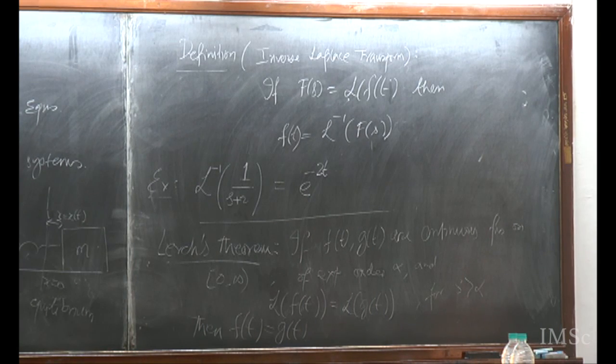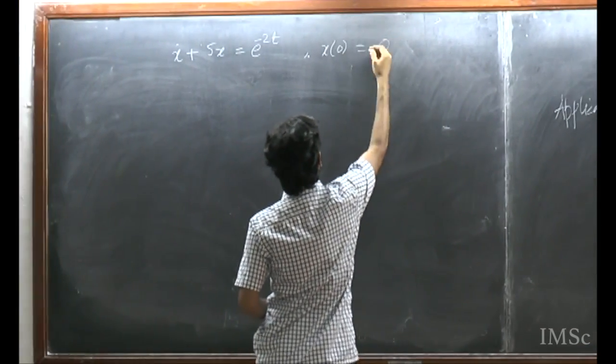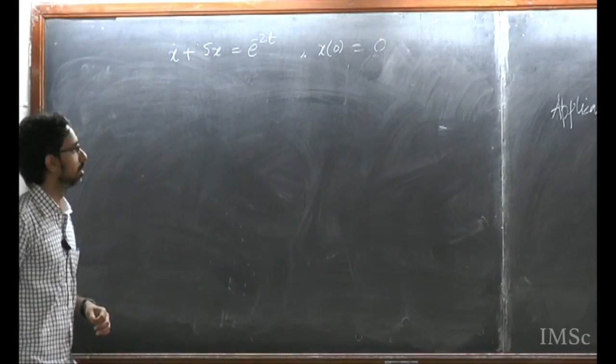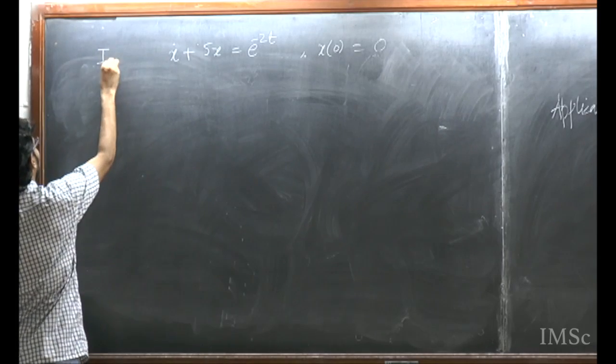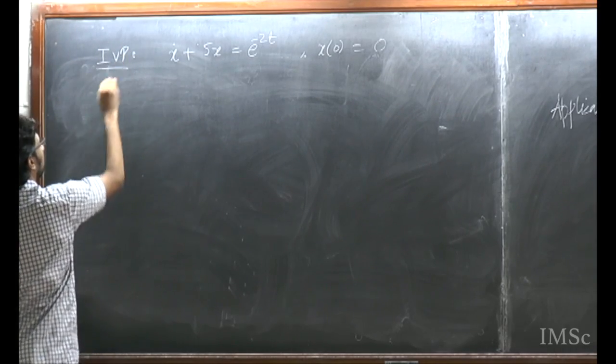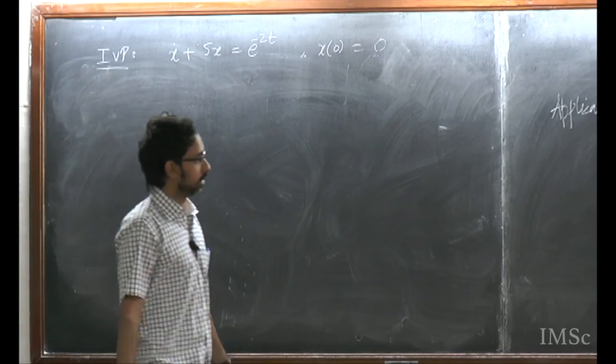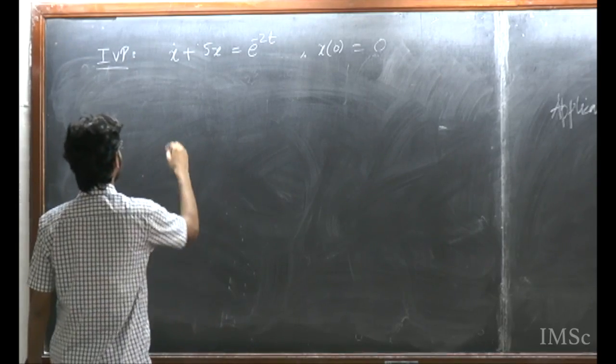When you are solving differential equations, now let me give you an example. So this is an initial value problem, x dot plus 5x equals e to the minus 2t, where x(0), let me take it 0. Okay, this is an initial value problem. How do you solve it? Just take the Laplace transform on both sides.